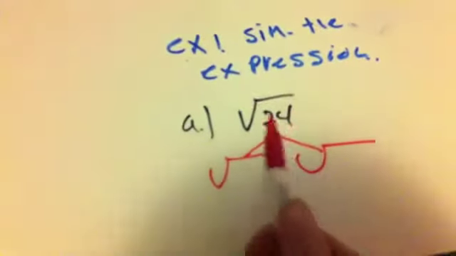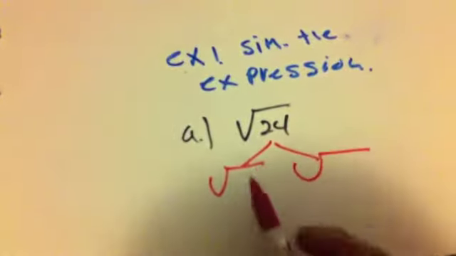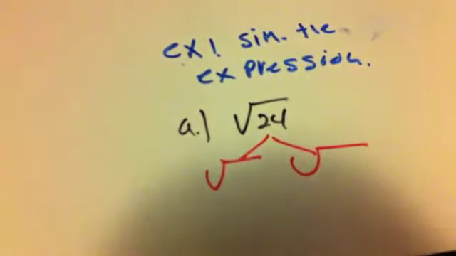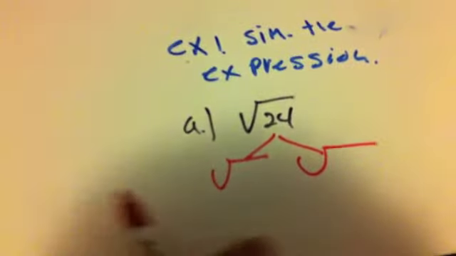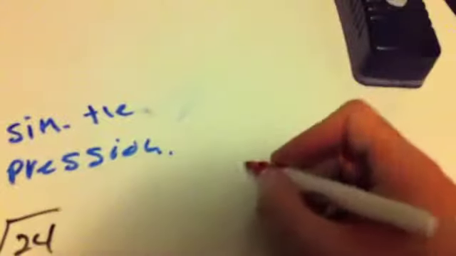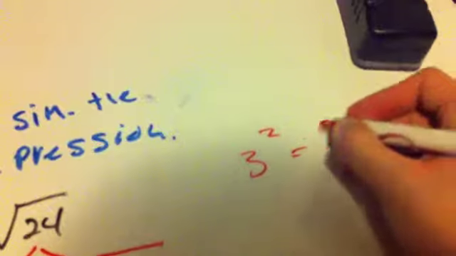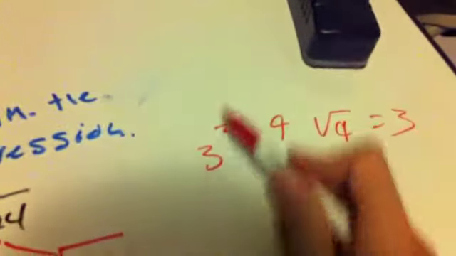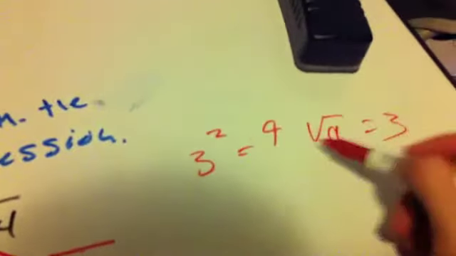You have to ask yourself, what times what makes 24, and one has to be a perfect square. A perfect square is anything like 3 squared is 9, and the square root of 9 is 3. Anything that can be taken the square root of and get a pretty number, basically.